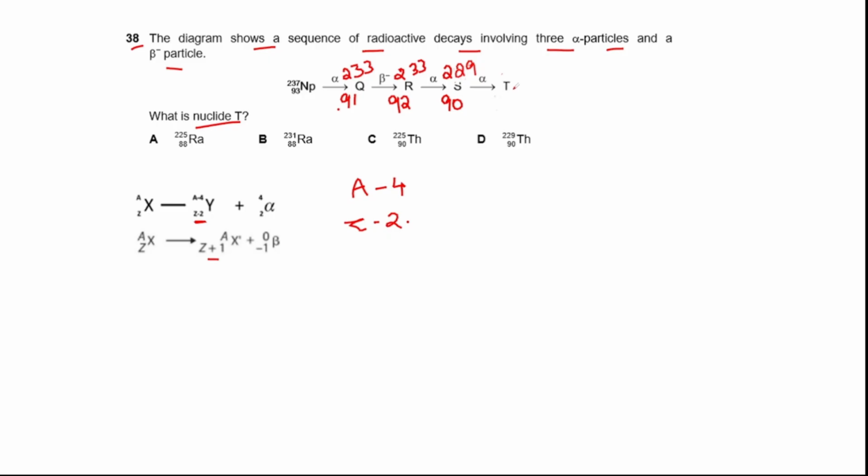Then after the next alpha decay, the proton number changes into 88 after subtracting 2, and the mass number changes into 229 minus 4, so it's going to be 225. So the correct option is proton number 88 and mass number 225. So the option A.